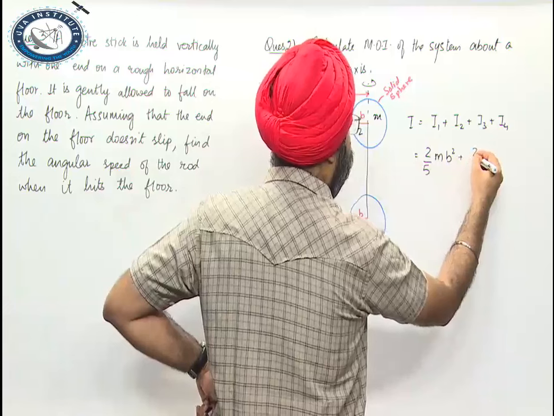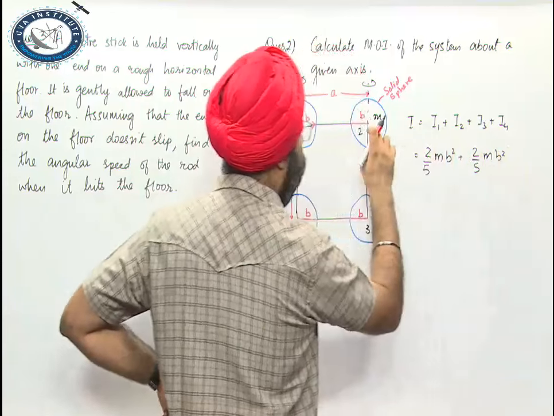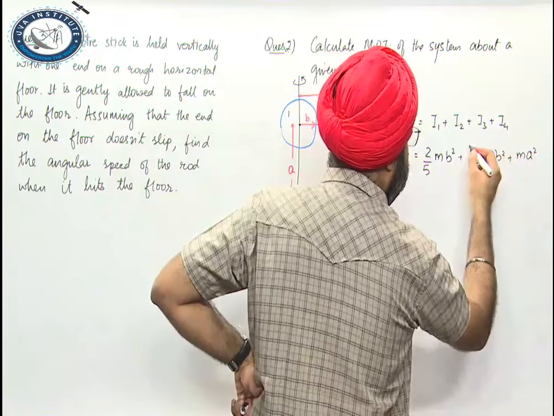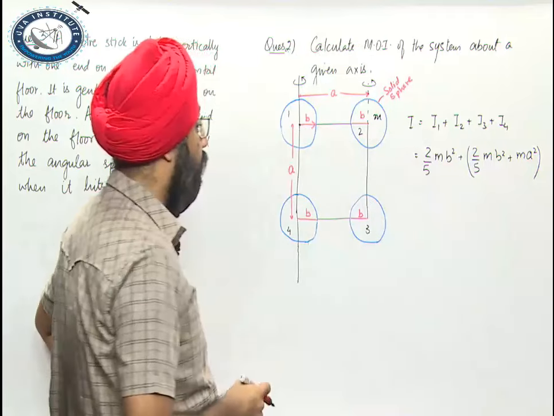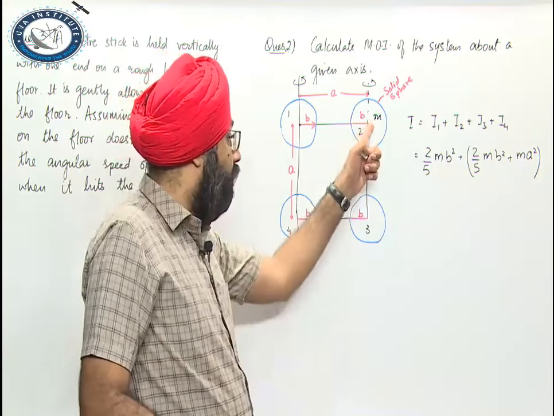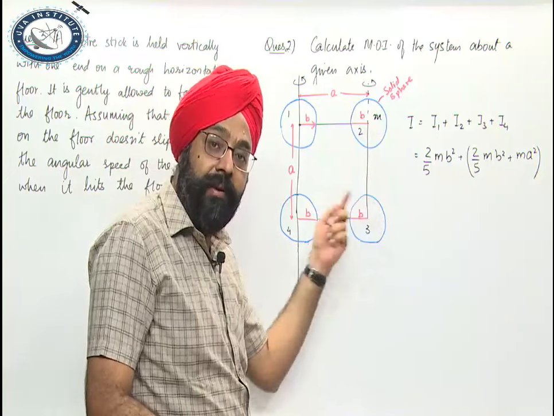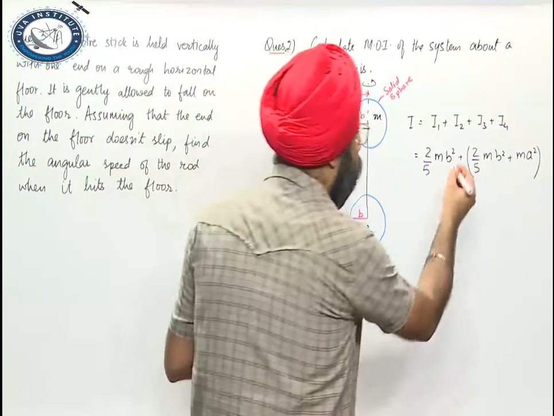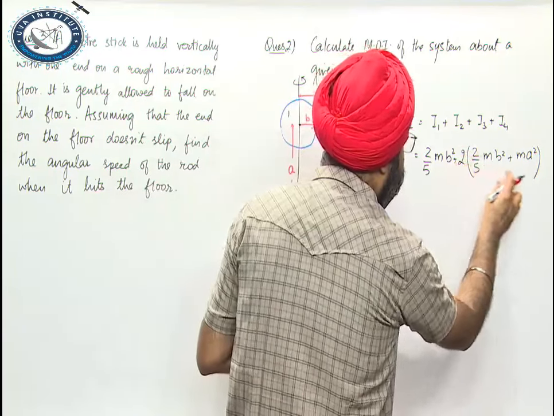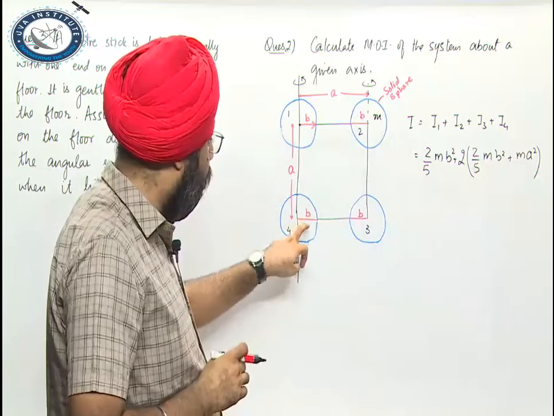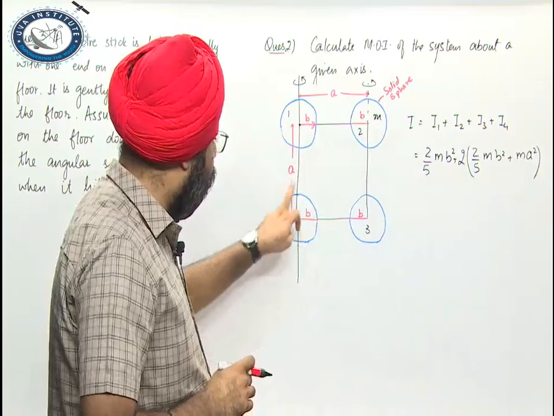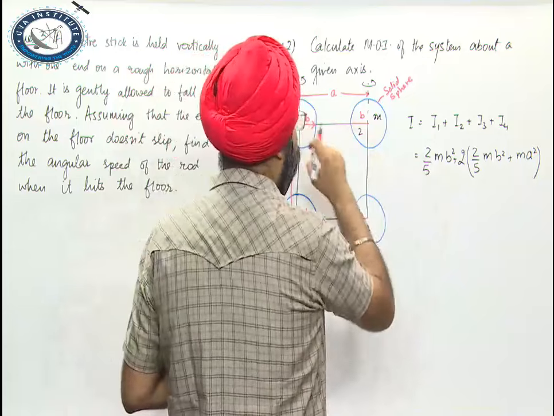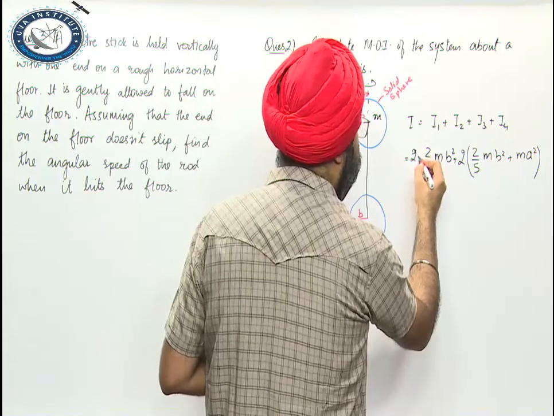So my moment of inertia of this particle is 2 by 5 m b square plus m a square. This is the moment of inertia of the second particle. The moment of inertia of the second particle and third particle will be the same about this axis of rotation, because the distance is the same, so I can multiply this by 2 to add it. And the moment of inertia of the fourth particle about this axis of rotation is 2 by 5 m b square, same as the first, so let me multiply it by 2 also.